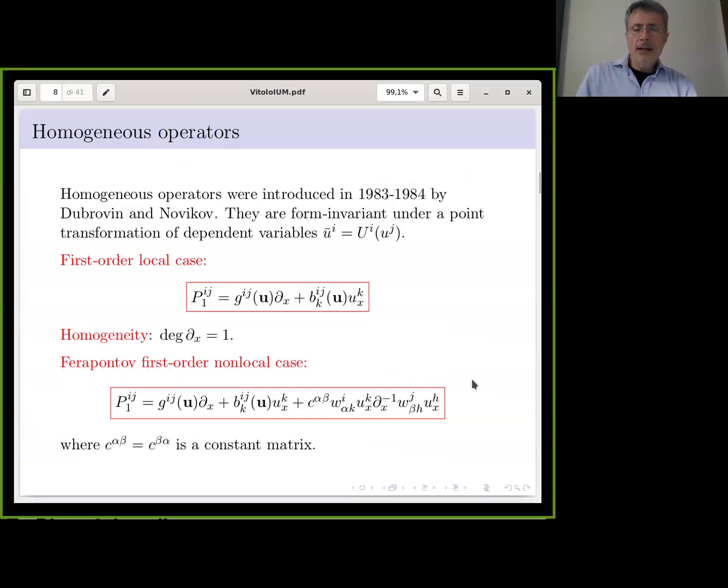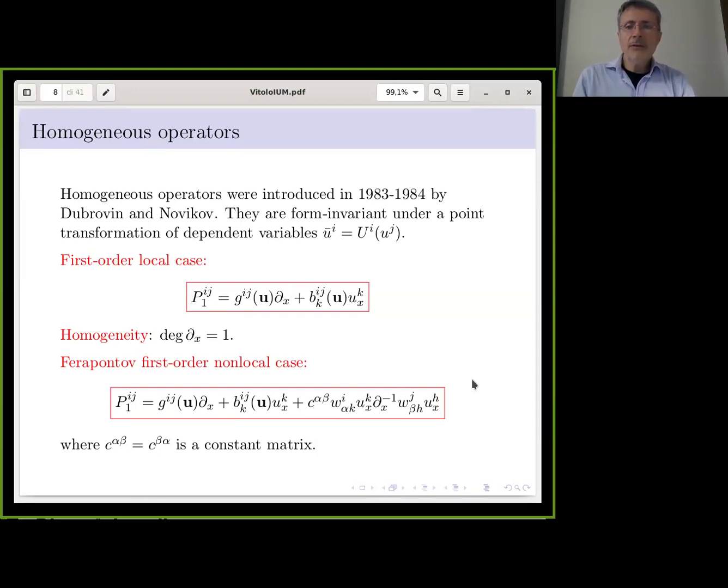Then we will consider homogeneous operators. They were introduced by Dubrovin and Novikov many years ago, and they are form invariant under point transformations of the dependent variable. This means that they have a differential geometric content.